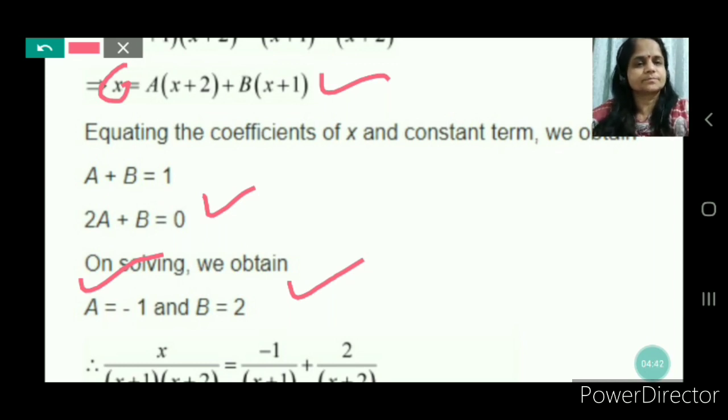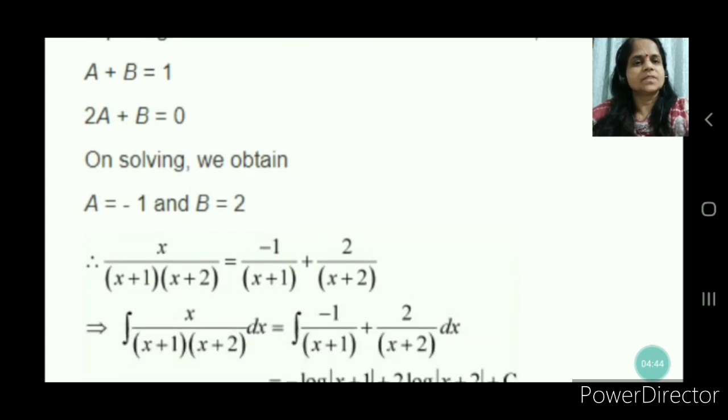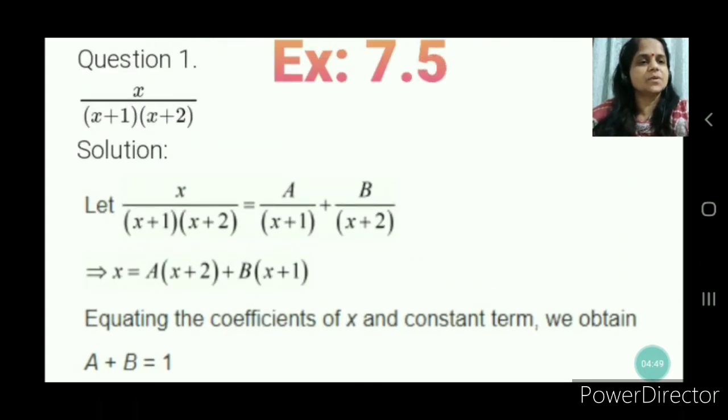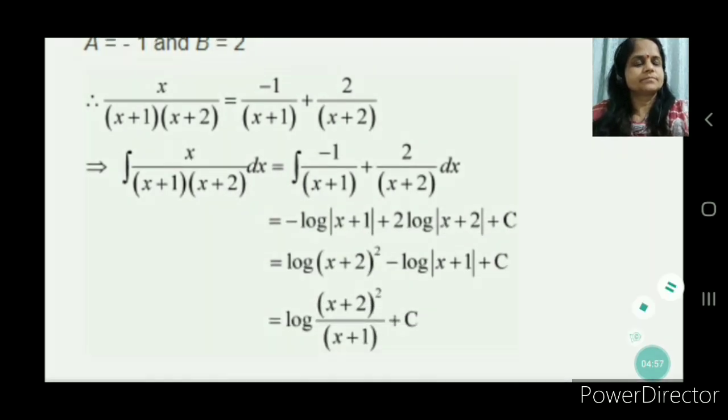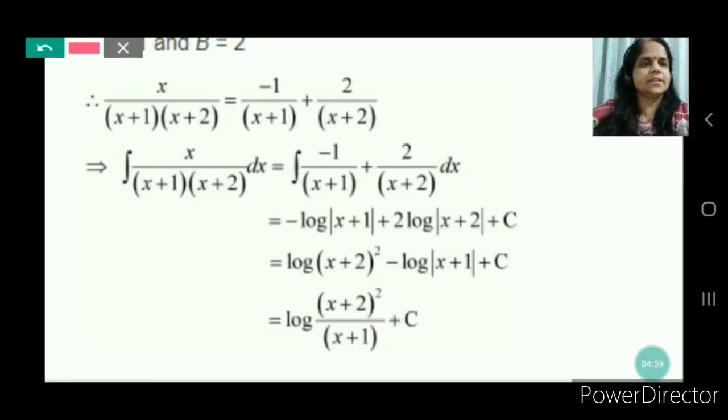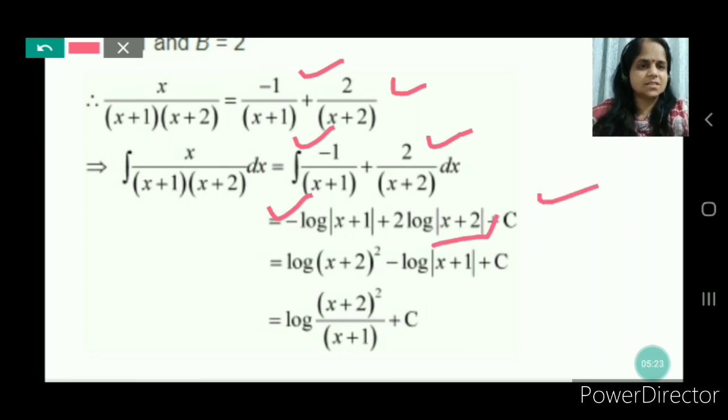So the quotient becomes minus 1 by (x plus 1) plus 2 by (x plus 2). Now take the integration. It is minus log mod of (x plus 1) plus 2 log mod of (x plus 2) plus C, where C is the constant.